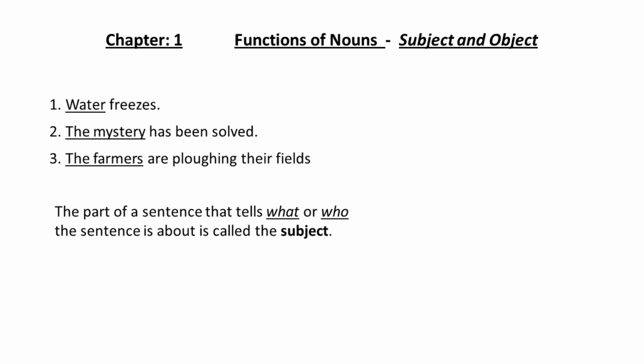Sentence 2 tells us what has been solved, the mystery. And sentence 3 tells us who are ploughing their fields. And the answer is the farmers. Thus, water, the mystery, and the farmers are the subjects of sentences 1, 2, and 3 respectively.